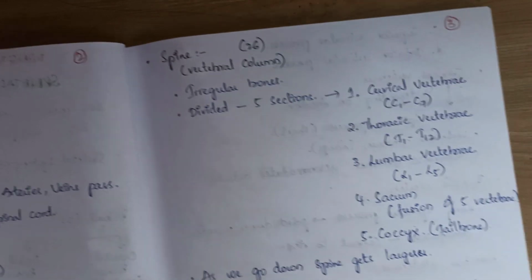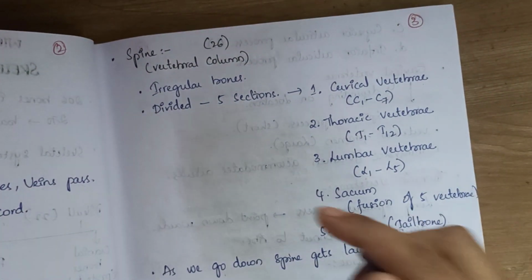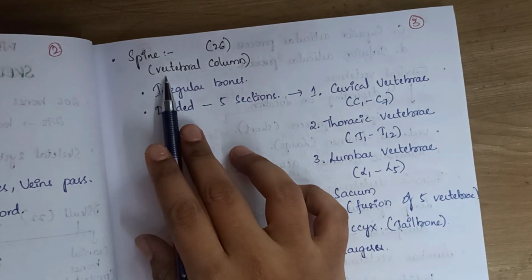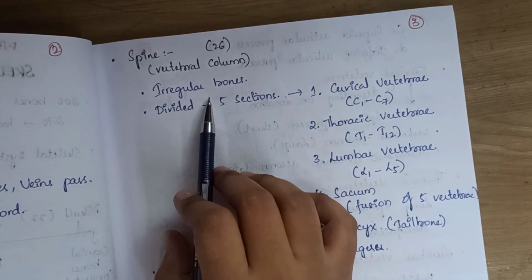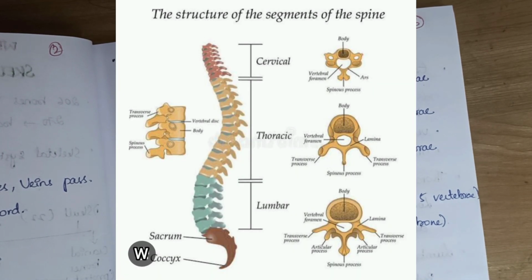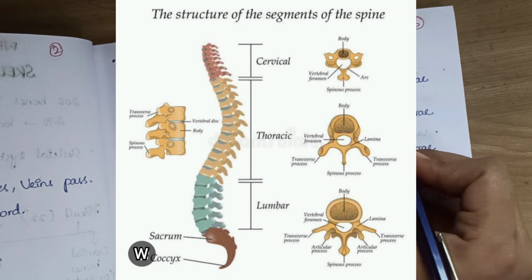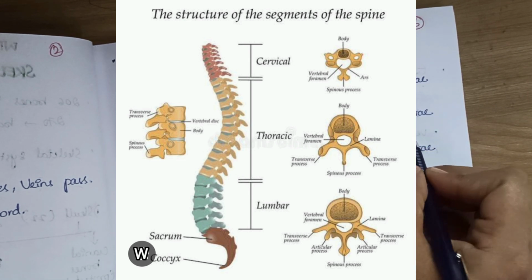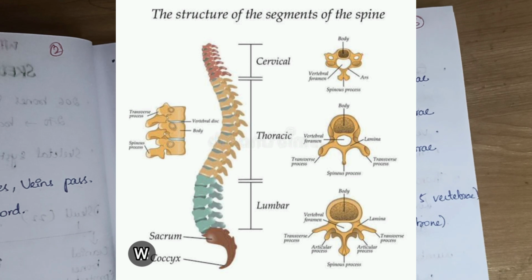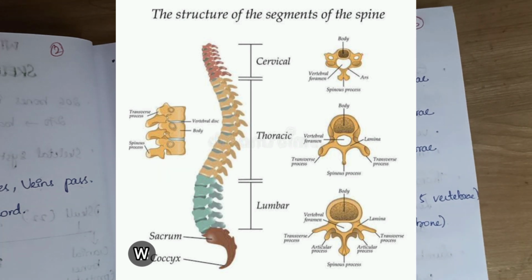Now coming to the spine, that is the vertebral column. The vertebral column is also called the spine. These are irregular bones, divided into 5 sections based on their location: cervical, thoracic, lumbar, sacrum, coccyx.